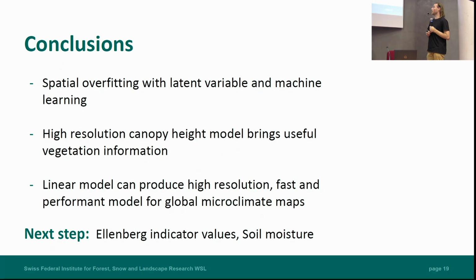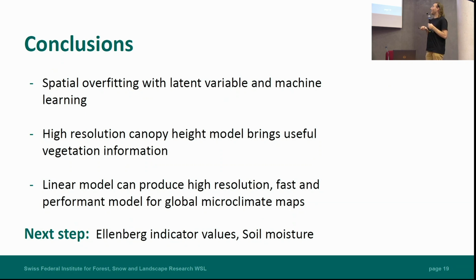Because as soon as you want to make this prediction, you have only 100 spatial points, and you can very, very easily overfit over your points, and that's a thing we observed: we overfit more with all other variables, including the latent variables we tried. And as the output of the microclimate near ground temperature seems to be very decently linearly correlated to the input variables that we have, in fact, the linear model is the one that overfits the least and generalizes the most.